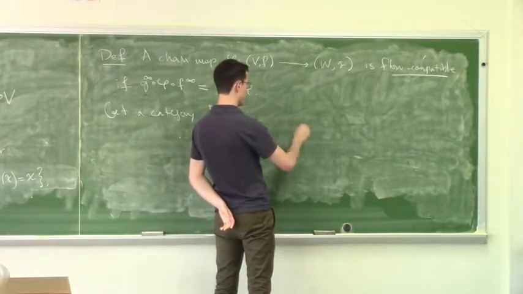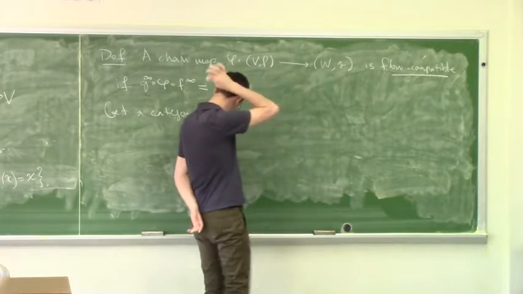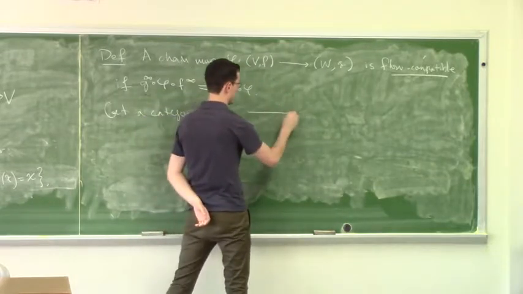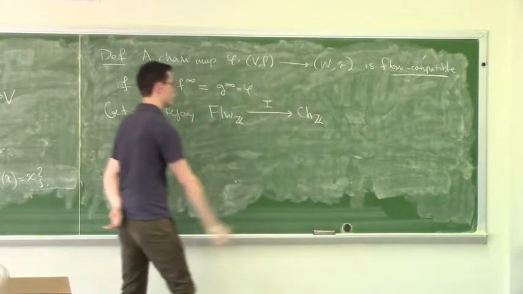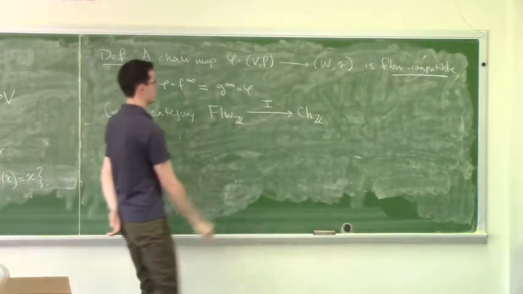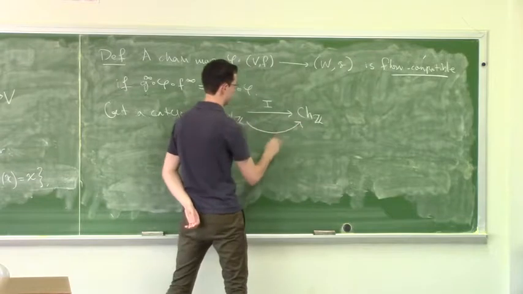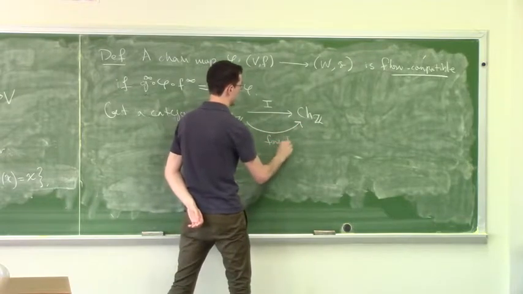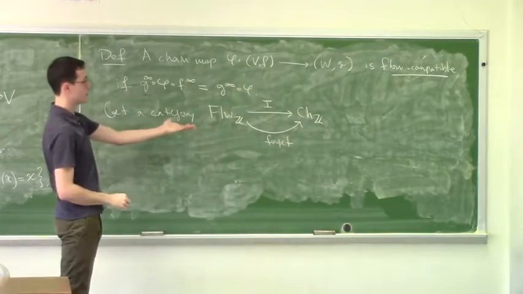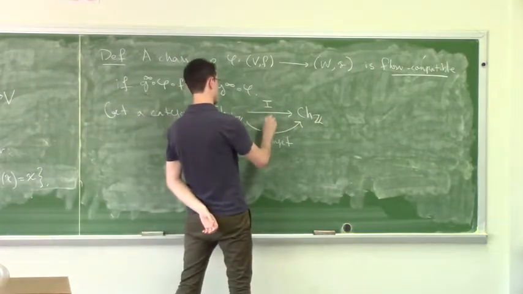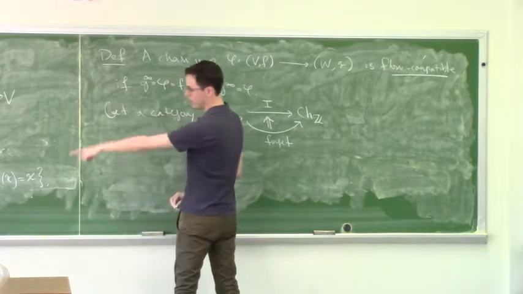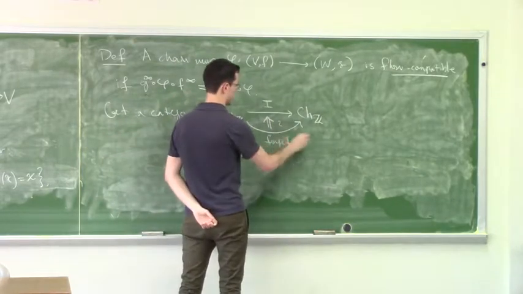And there's a functor, as I said, called I to chain complexes. And we also have a forgetful functor, which takes a chain complex with a discrete flow and just gives you back the chain complex. And there's a natural transformation, which component-wise is F infinity, which is a quasi-isomorphism.